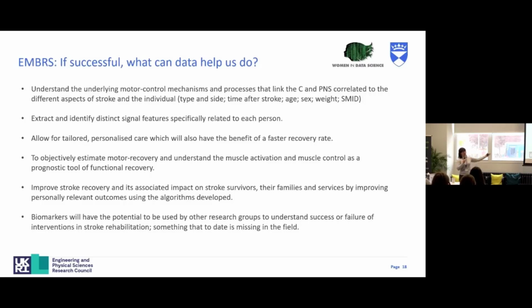So these biomarkers would have the advantage of being applied laterally to motor neuron disease and Parkinson's. So I will also put together an open source database, so that not only I question the data, but everyone in the world can question the data as well. And with this, we will be able to understand if rehabilitation is successful or not, and quantify the interventions in stroke rehabilitation, which is something that is missing just now.